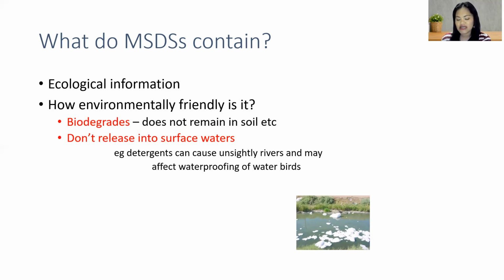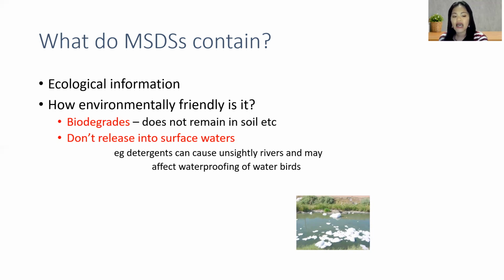The detergent can cause unsightly rivers and may affect the waterproofing of water birds. It may interrupt the food chain, food web, because many birds will die, or fishes may die. It may cause fish kill, and the coral reefs may also be destroyed. So you really have all the information in the MSDS.